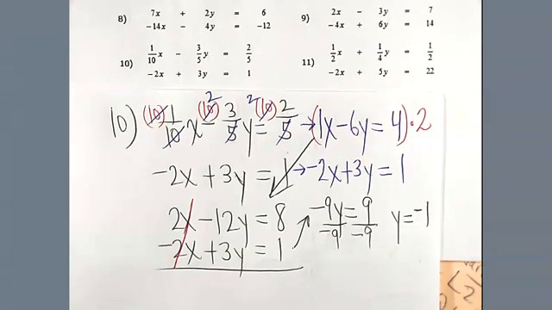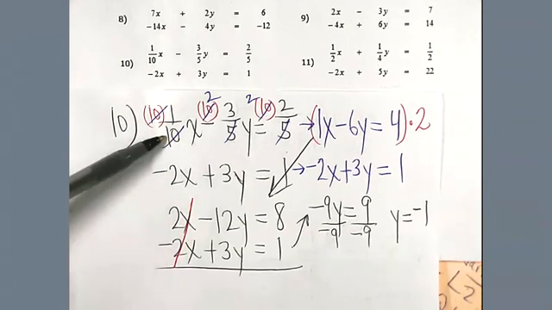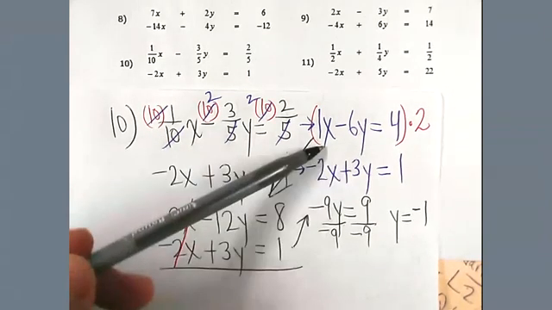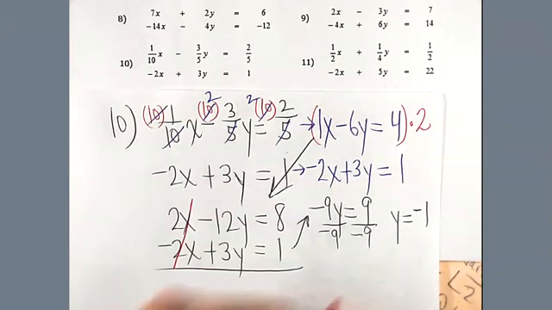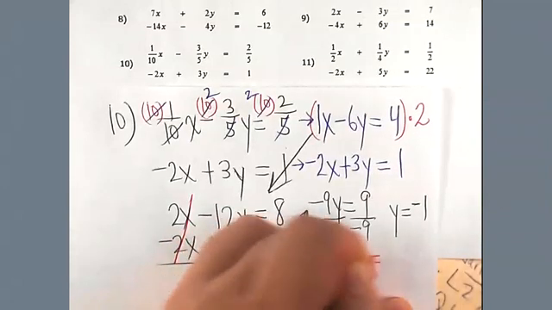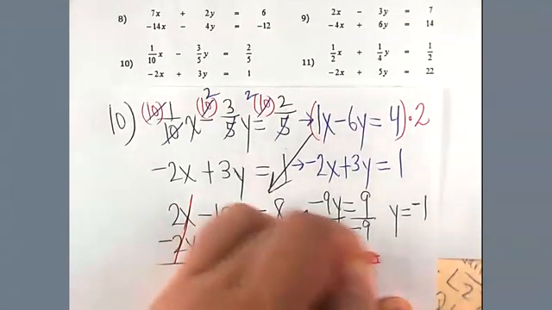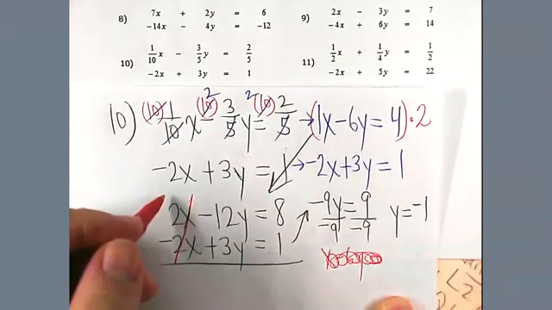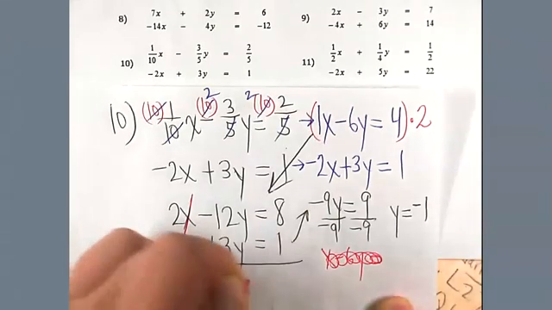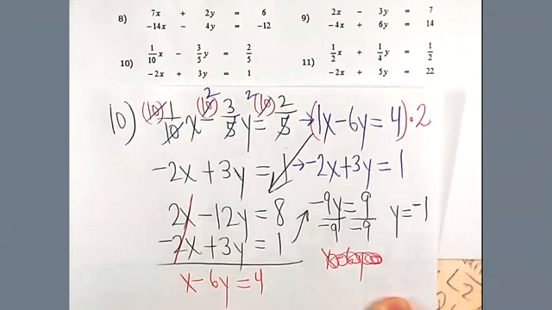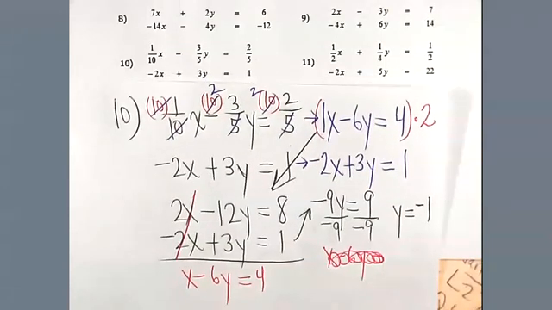Now we need to go back and find the x-coordinate. I wouldn't use the first original equation because it has fractions. I'm going to use the first modified equation to find my x. Well, you could use that one before you multiply by 2. Where you see a y, plug in negative 1.